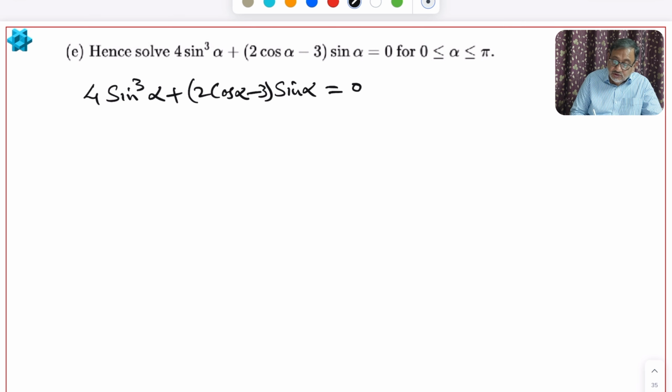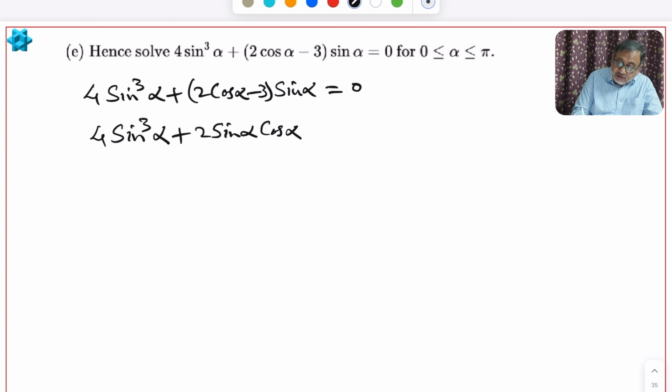Okay, so 2 cos alpha sin alpha, let me open the bracket first. 2 sin alpha cos alpha, when I am multiplying both of them here, this into this, 2 sin alpha cos alpha minus 3 sin alpha is equal to 0. So 2 sin alpha cos alpha will be sin 2 alpha.